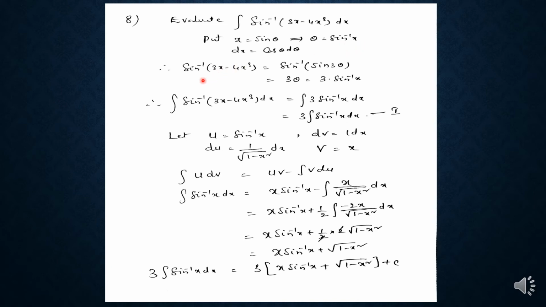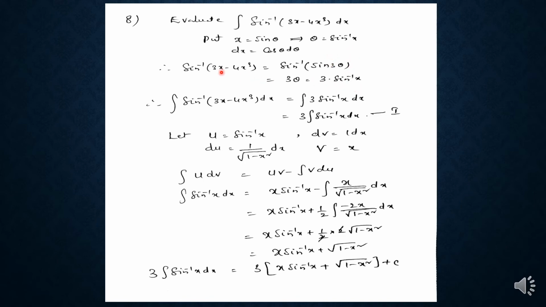So sine inverse of 3x minus 4x cube becomes sine inverse of 3 sine theta minus 4 sine cube theta, which is equal to sine 3 theta. Sine inverse of sine 3 theta is equal to 3 theta, because sine inverse of sine x is equal to x. That's why that becomes 3 theta. In terms of x, theta means sine inverse x, so we write 3 sine inverse x.